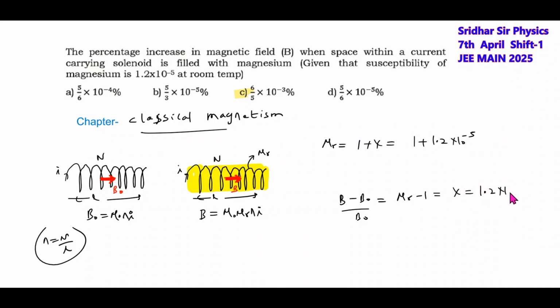This is equal to 1.2 into 10 to the power of minus 5. Percentage means 1.2 into 10 to the power of minus 3. No need to go till here, just have the idea. Very good question.